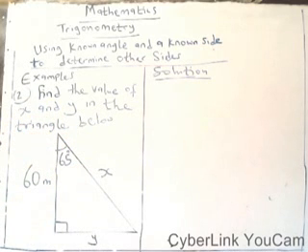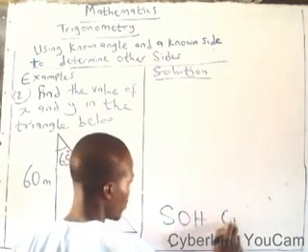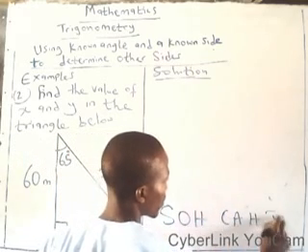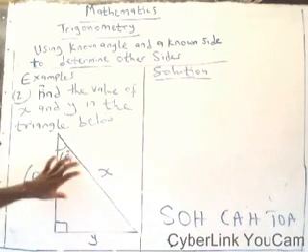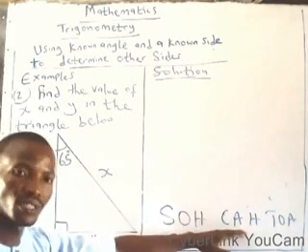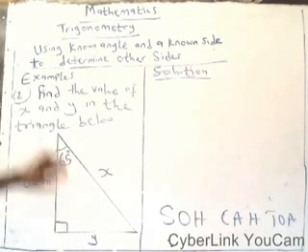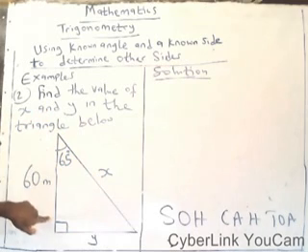The first thing you have to do is that you need to write down this your short relationship. You write it down as SOHCAHTOA. Now look into this triangle given. Which one of this relationship combine the x and what adjacent together?